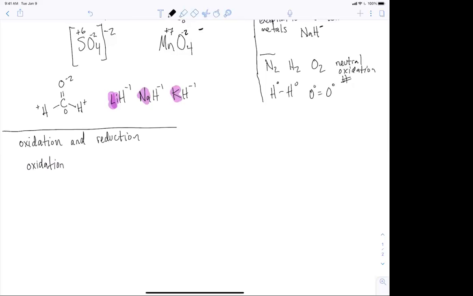So oxidation, this part can be a little bit confusing. It's not confusing when you think about it, but it can get a little bit confusing when you're trying to think about it quickly. So oxidation is a loss of electrons, and reduction is a gain of electrons.